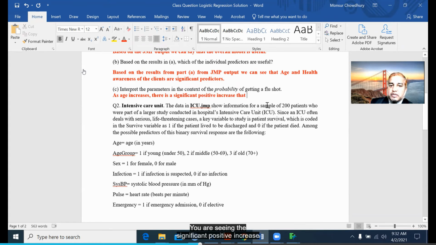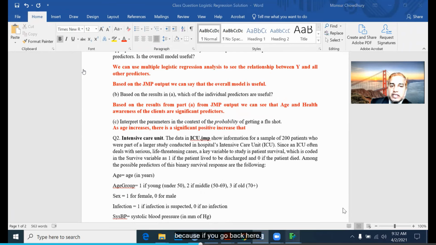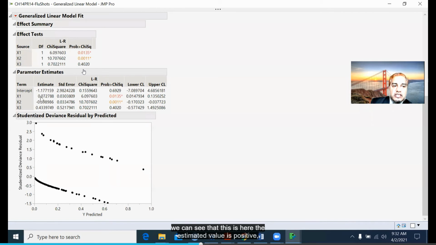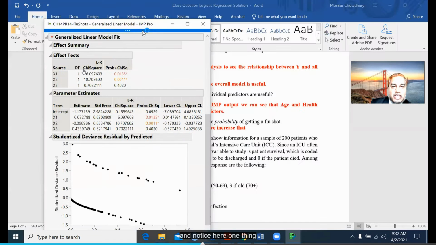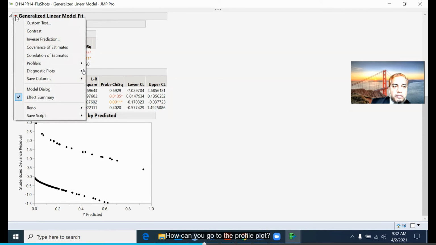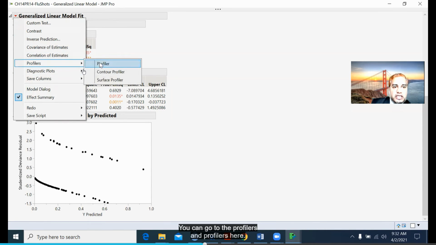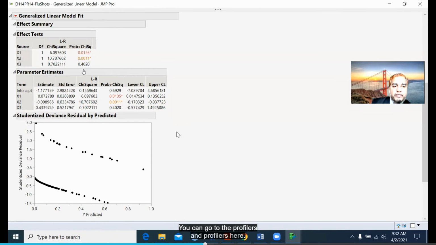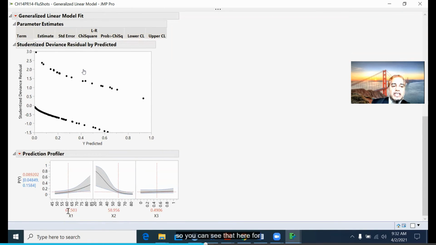We are saying significant positive increase because if you go back here, we can see that the estimated value is positive. One thing you can always look at for yourself when you are doing this is the profile plot. How can you get the profile plot? You can go to the profilers. Now if you go back here, you can see that for age, the chance that someone gets a flu shot is increasing.